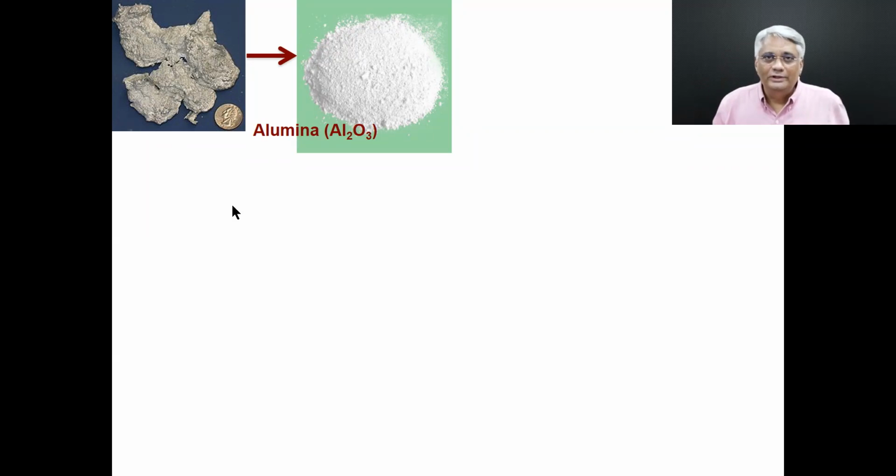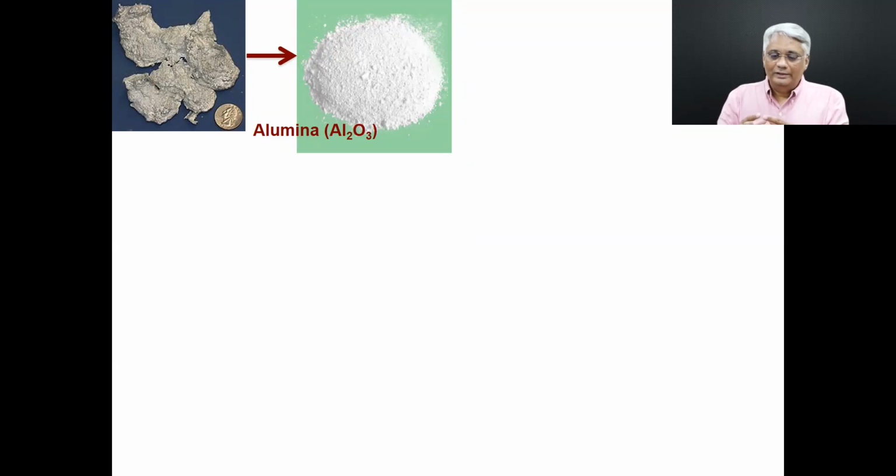But you take the example of, say, alumina. Alumina is a naturally occurring compound, which you can get in many places around the earth, right? So this is the raw form of alumina, and a little processed form of alumina is white in color. Most of these ceramics that are white in color also have higher band gaps.